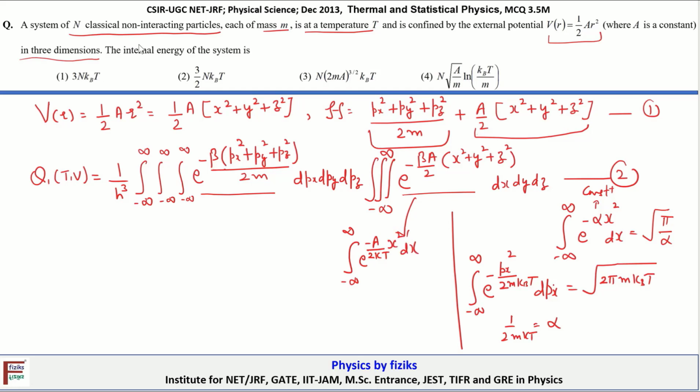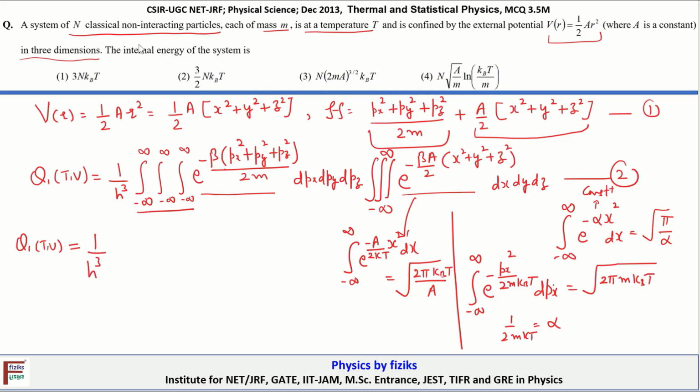Here alpha is equal to a divided by 2 kt, so this is equal to under root pi by alpha, that means this is equal to 2 pi kt upon a. Therefore the total result will have 1 divided by h cube as it is.